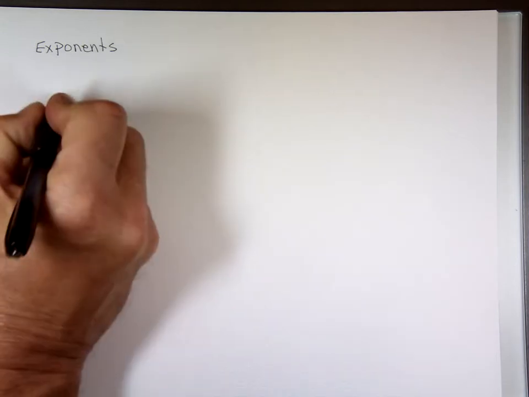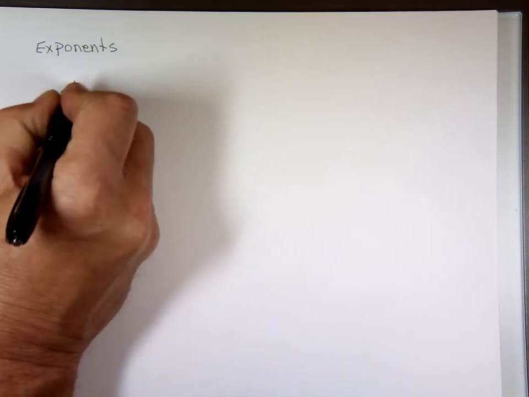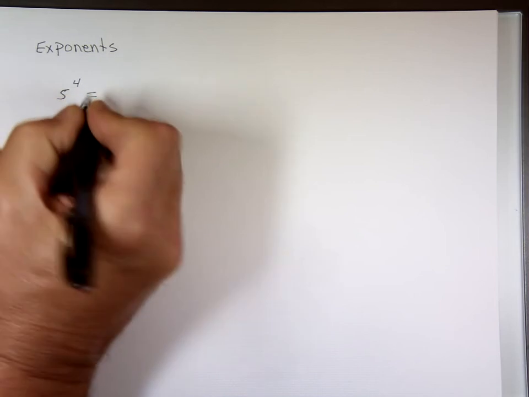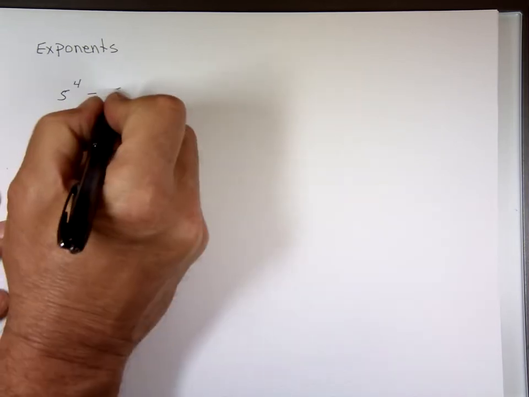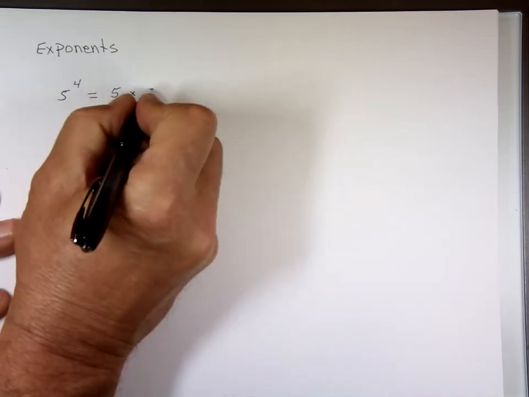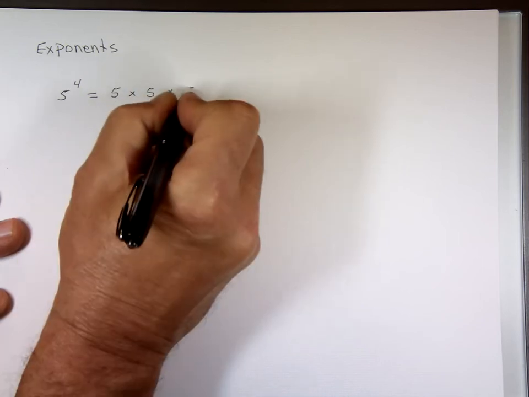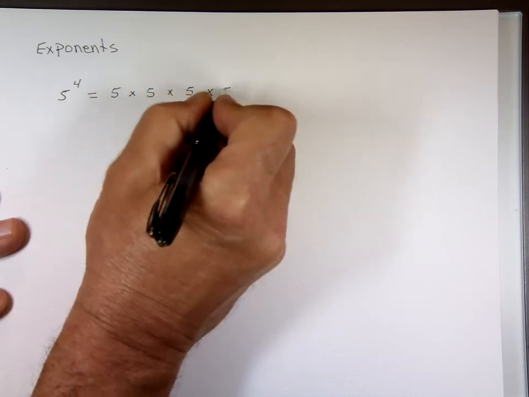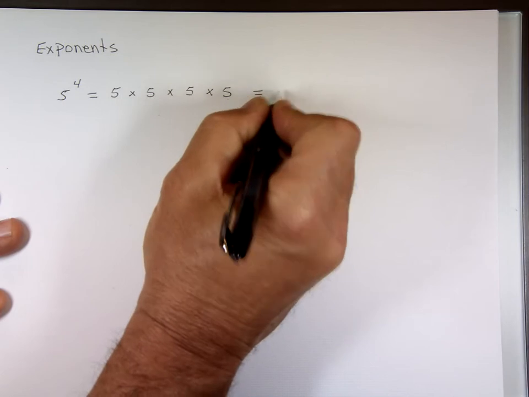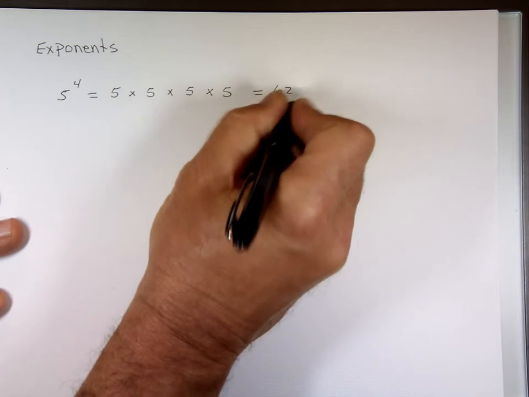But first things first, when you see 5 to the power 4, what does that mean? 5 times 5 times 5 times 5. How many times? 4 times. That's 625, I think.